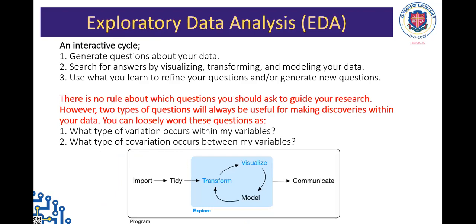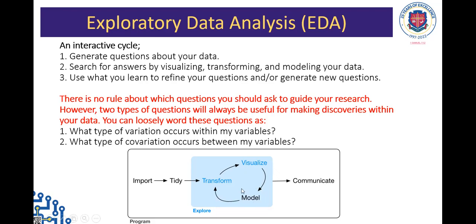So once you have transformed the data, it doesn't necessarily mean that's the end of the situation. There is then the aspect of what we call the research cycle, which is that you generate questions about your data. Okay, so you go from visualizing it to generating models to transforming it.